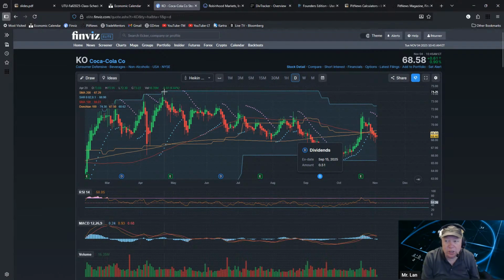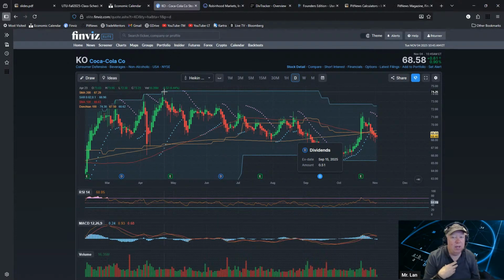So if you bought your shares up here and you paid $74 for them, you're still going to get the same 51 cents per share, but you paid $74 for them. I paid $68 for them. Therefore, we're both going to get 51 cents, but I'm getting a higher return on my money, right?